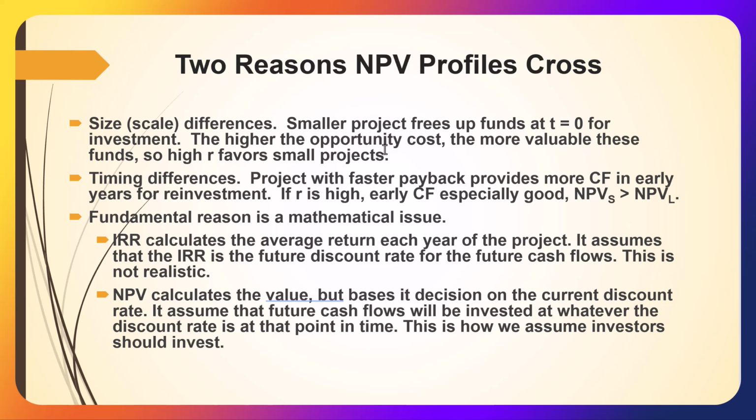So in this case, with higher opportunity costs, the more valuable these funds are. So a high required return is going to be favorable for small projects. Timing differences, though, project faster paybacks, providing more cash flows earned early for reinvestment. So if the required return is high, early cash flows are especially good.